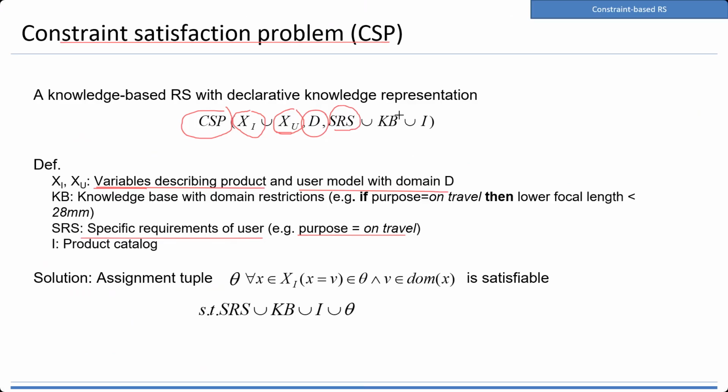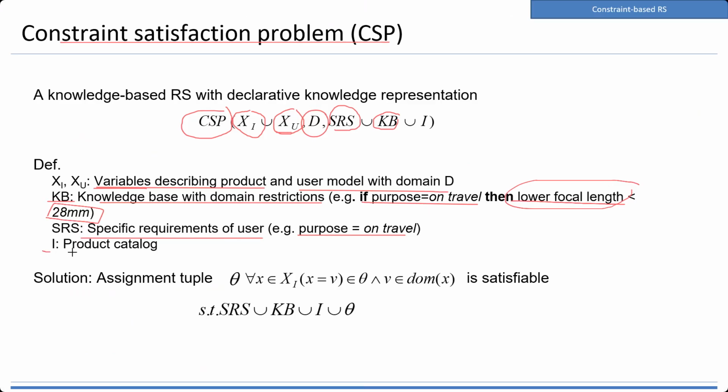And we have the KB, or the knowledge base. The knowledge base is a set of rules about the domain. Let's say if the purpose is travel, then the lower focal length should be lower than 28 millimeter. So this is the knowledge, and you need to get this knowledge before you build the recommender system.